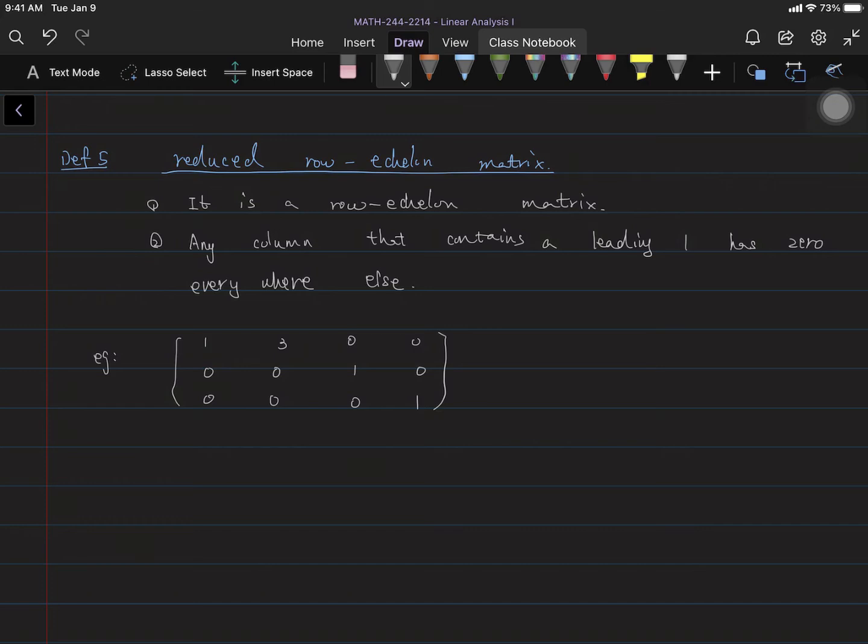Yes, this is a row echelon. And next we can find the leading ones. Here's a leading one, and another leading one. Now we look at the columns. In each column, except this number 1, all the other numbers are 0. Let's take a look. Yes, this is reduced row echelon.